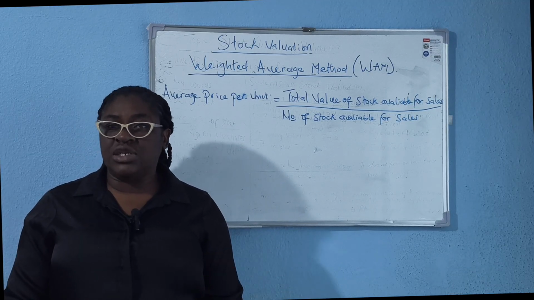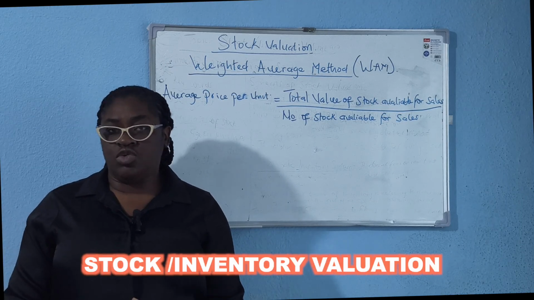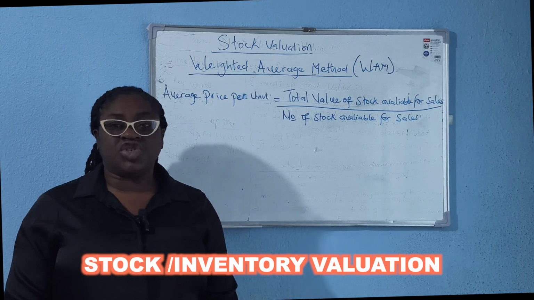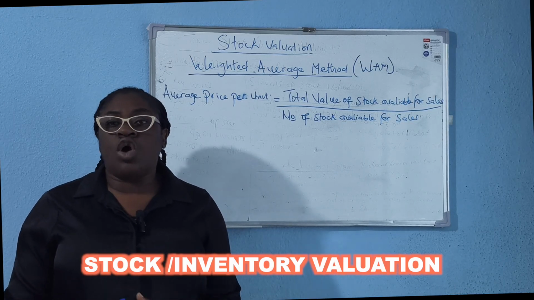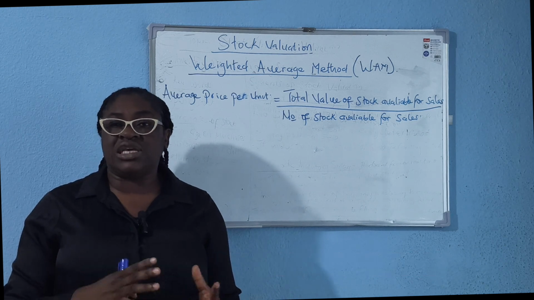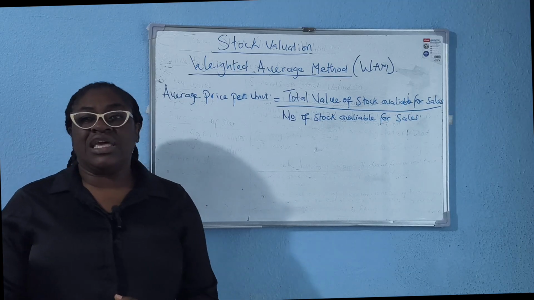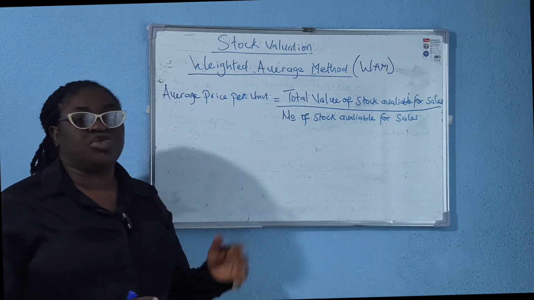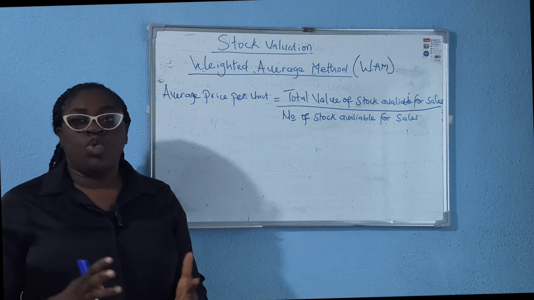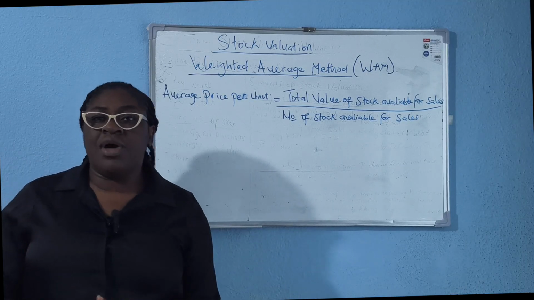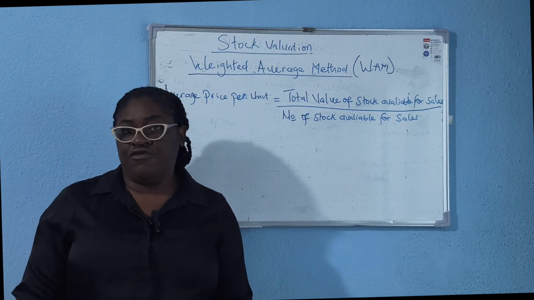Remember, we are still on the same topic, stock or inventory valuation. To have a short recap, we looked at what is trading stock. We have also considered the key words that you need to know as a grade 12 student, considering the stock valuation. And then also we have looked at the two systems, the perpetual inventory system and the periodic inventory system.